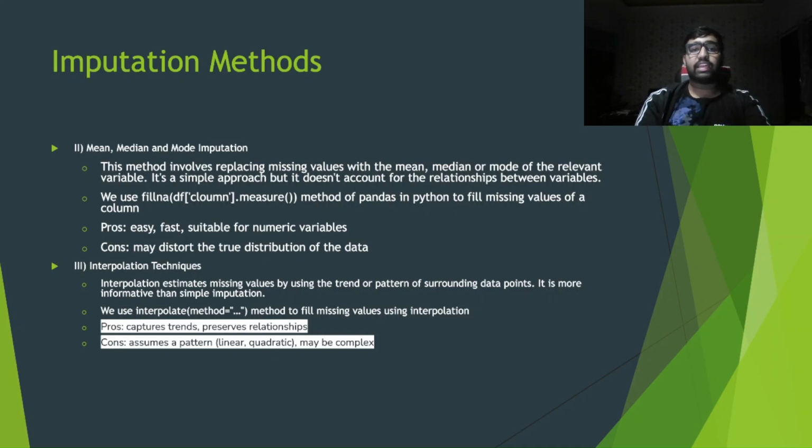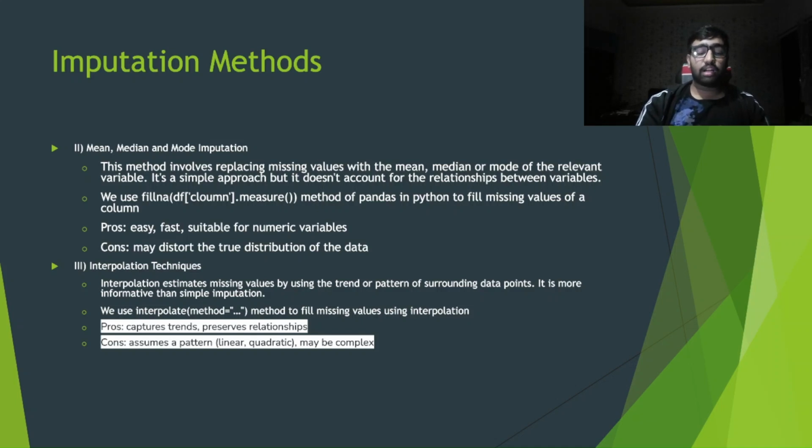It could be linear regression, multiple linear regression, or even polynomial regression, depending upon our requirements for the interpolation. Basically, it applies the regression techniques on the data which we have apart from the missing data, and then estimates the value for the unknown data. We use the interpolate method, with method equals to a chosen method, to fill the missing values using interpolation.